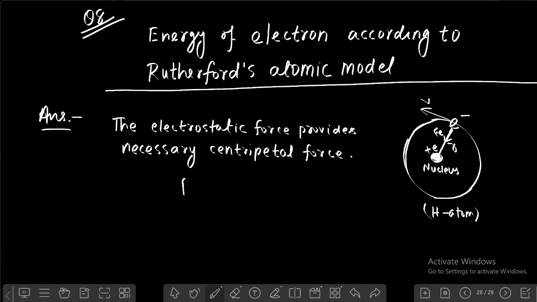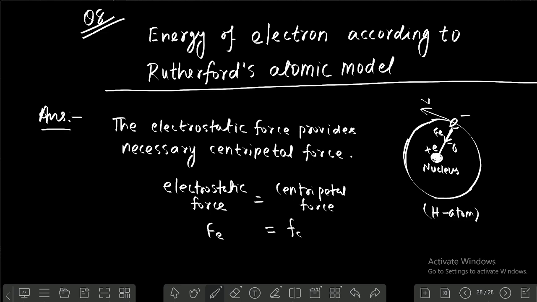So I can write electrostatic force equal to centripetal force. Electrostatic force is nothing but centripetal force. Here electrostatic force is Fe, and centripetal force, let me call it Fc.